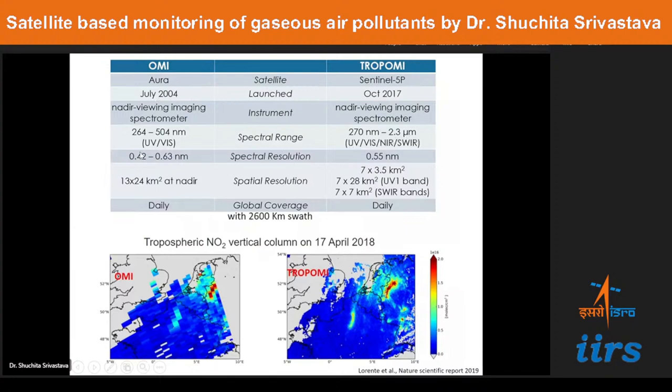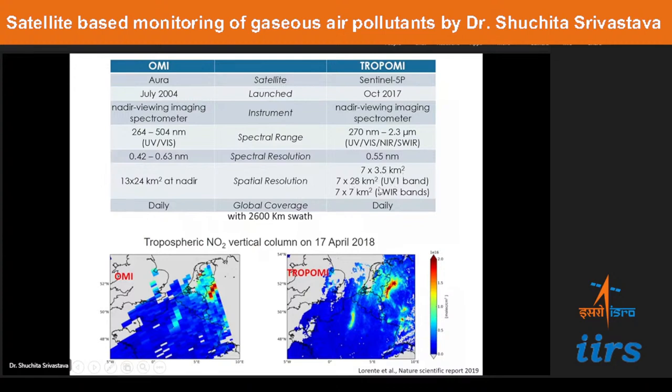The spectral resolution of OMI is 0.42 to 0.63 nanometer and that of TROPOMI is 0.55 nanometer. For nadir viewing, the spatial resolution of OMI is 13 by 24 kilometer square, and for TROPOMI it is much better, 7 by 3.5 kilometer square.